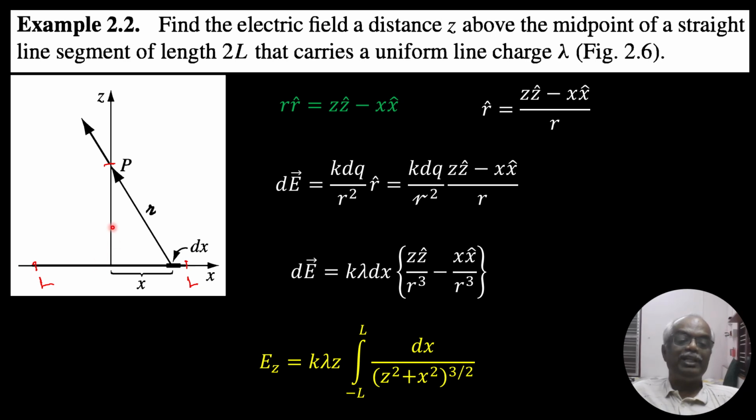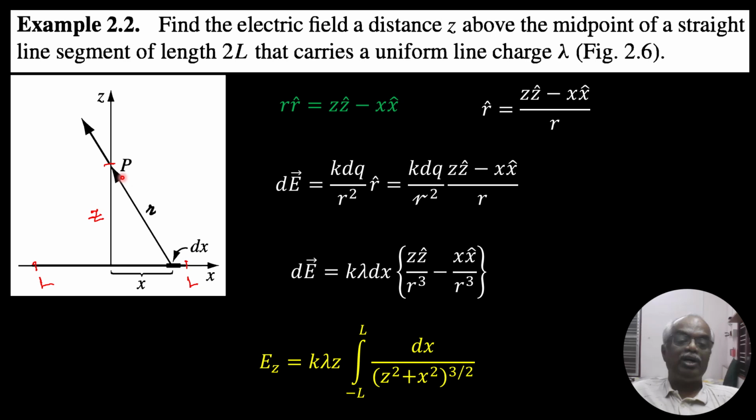You know very well that the electric field along the x direction will cancel because of the symmetry. So we can find the electric field along the z direction. Let us say, from the vector addition, this is r, and this is x, and this is z.